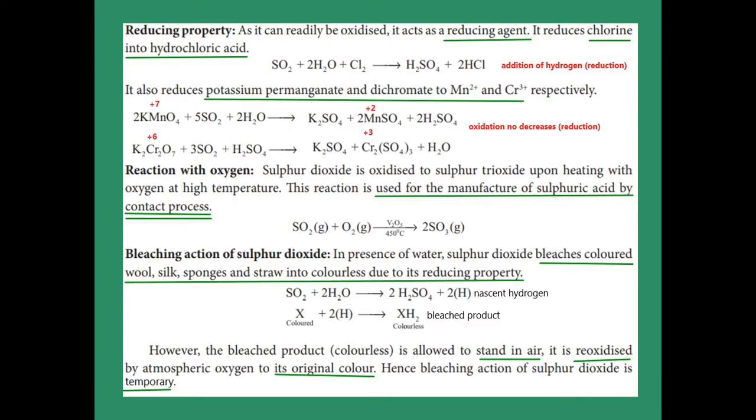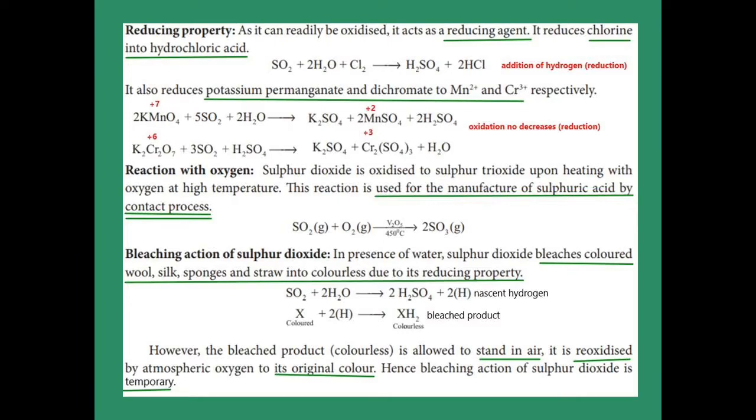The next one, KMnO4 in the presence of sulfur dioxide in water gives potassium sulfate, manganese sulfate and sulfuric acid. Please concentrate on the oxidation number. In KMnO4, the Mn oxidation number is +7, and in manganese sulfate the manganese oxidation number is +2. So the oxidation number decreases, so it undergoes reduction with the help of sulfur dioxide.